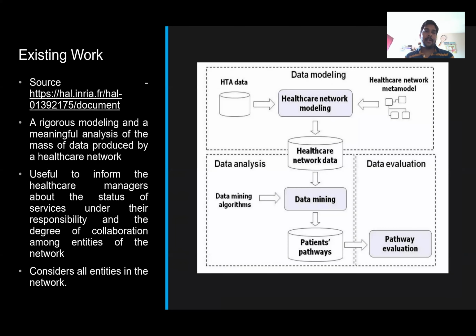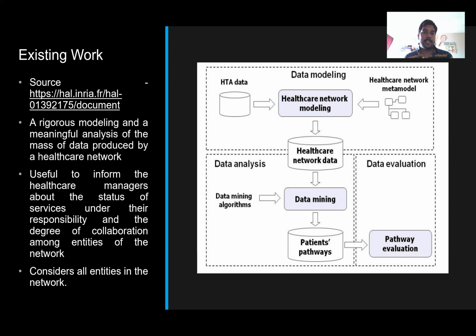Then I had one more work to review. It's a rigorous modeling and a meaningful analysis of the mass of claims data produced by a healthcare network. This work was useful to inform healthcare managers about the status of the service under their responsibility and the degree of collaboration which happens between the entities of the network.